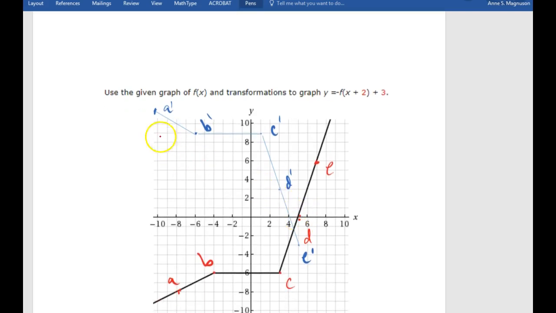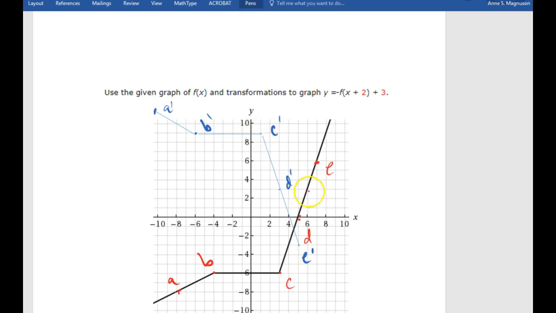And now I'm going to connect these new points just the way they were connected in the original graph. So notice A and B were connected by a straight line. Here A prime and B prime are connected by a straight line. B and C were connected by a flat horizontal line segment. Here B prime and C prime are connected by a horizontal line segment.